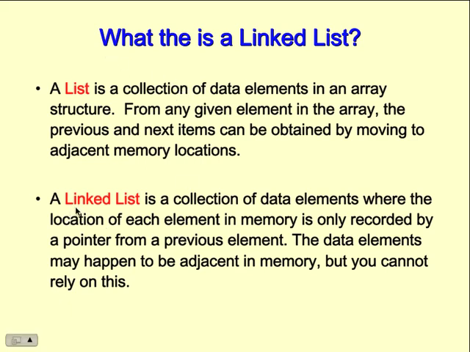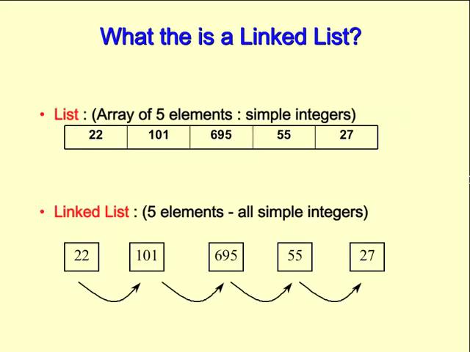And that's really what's called the linked list. So it's a collection of data elements. The location of each element in memory is only recorded by a pointer to the next element. And the data elements may happen to be adjacent in memory. They may not. They could be all over the place, actually. But you can't rely on that.